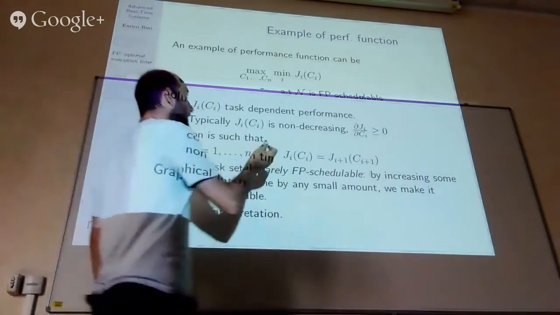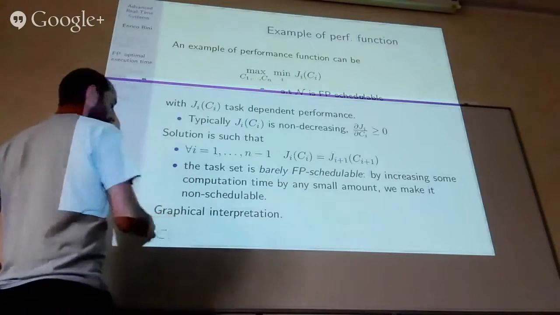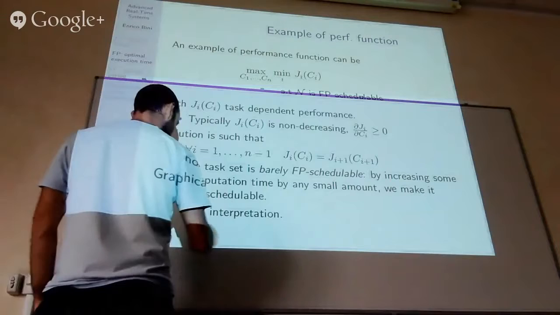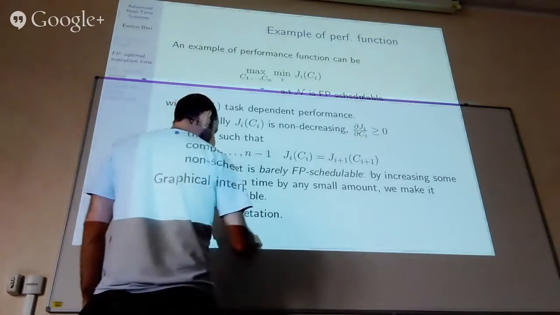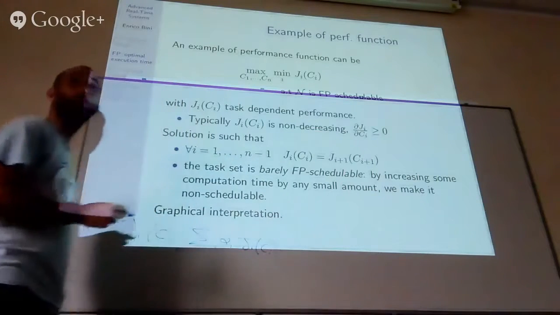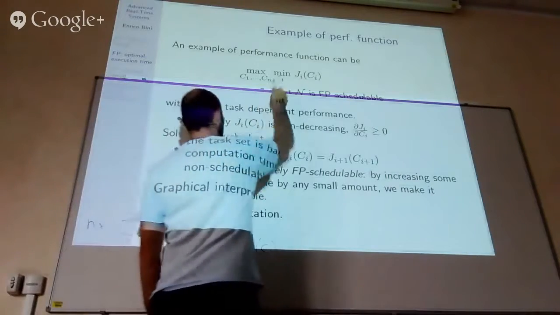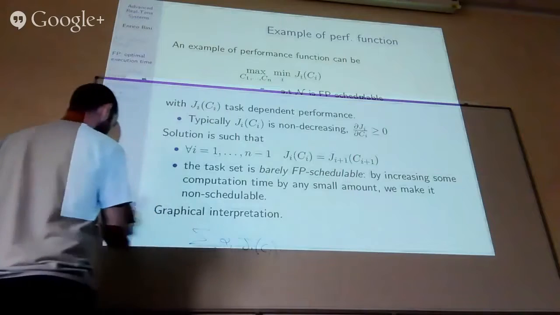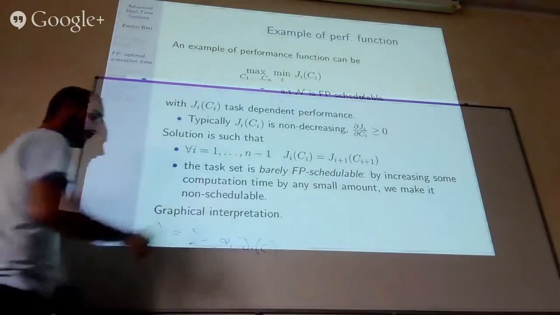One way is to make a linear combination, which is something that people sometimes do. Let's say you make a linear combination of the performance of each task. Or another way is this one, when you call big J the overall performance equal to this.